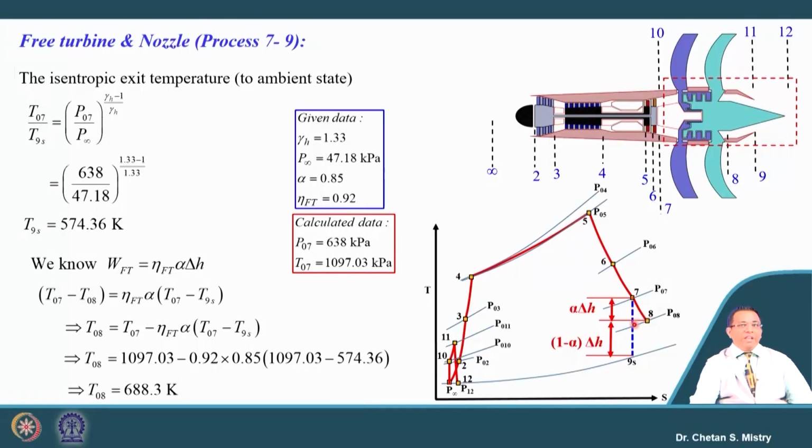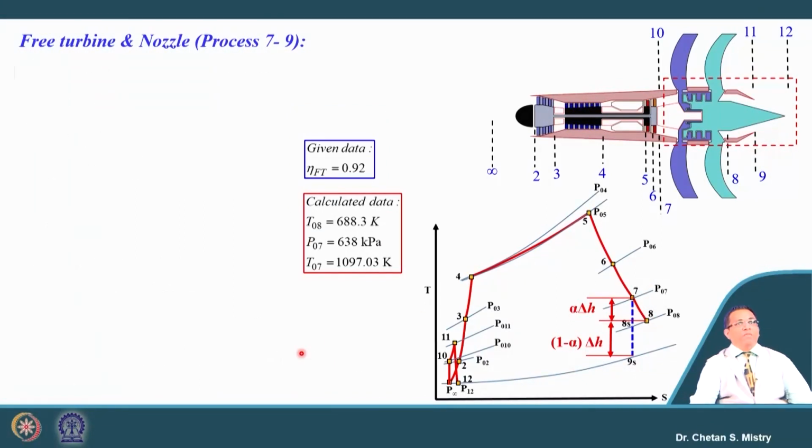Now, what is our next requirement? We need to find the pressure, because P08 is the exit pressure from the free turbine and that will be the entry pressure for the nozzle. So, let us calculate that value.